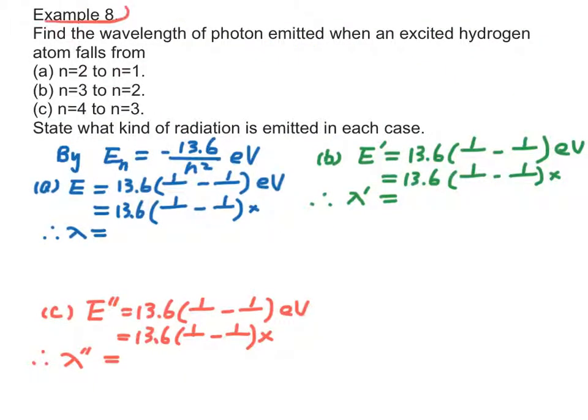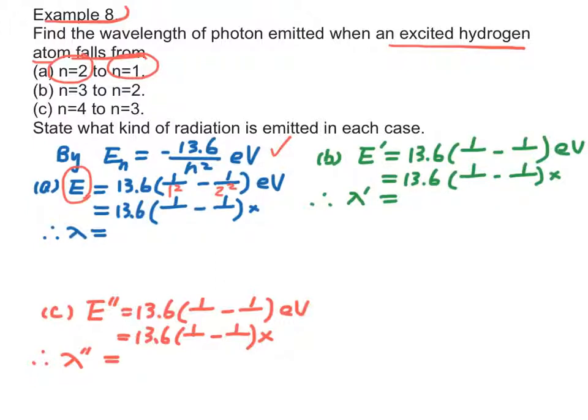Example 8. When the excited hydrogen atom falls from n equal to 2 to n equal to 1, by the equation En equal to negative 13.6 over n squared eV, we get the energy of the photon emitted E equal to 13.6 times 1 over 1 squared minus 1 over 2 squared eV.